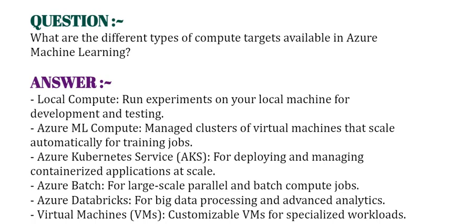Azure Kubernetes Service (AKS): for deploying and managing containerized applications at scale. Azure Batch: for large-scale parallel and batch compute jobs. Azure Databricks: for big data processing and advanced analytics. Virtual machines (VMs): customizable VMs for specialized workloads.